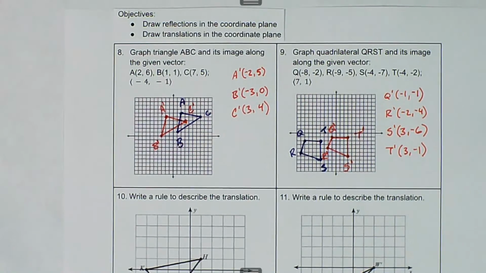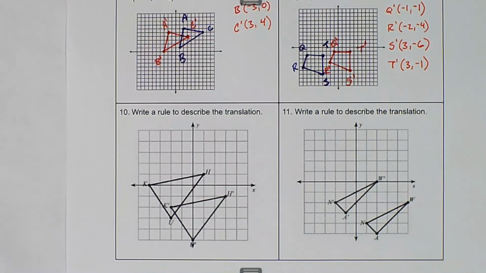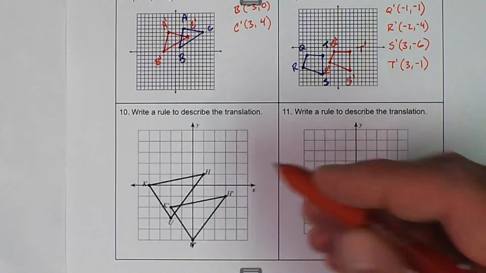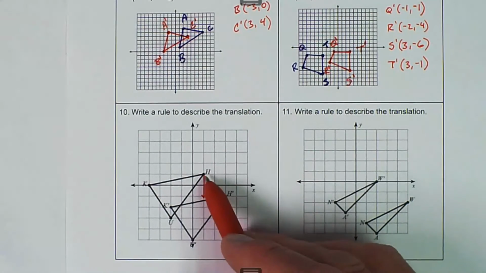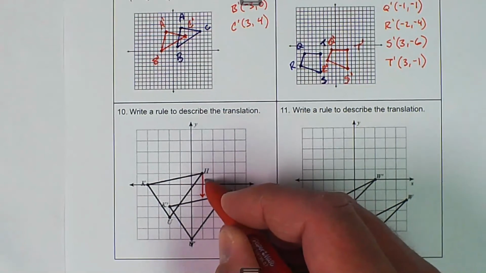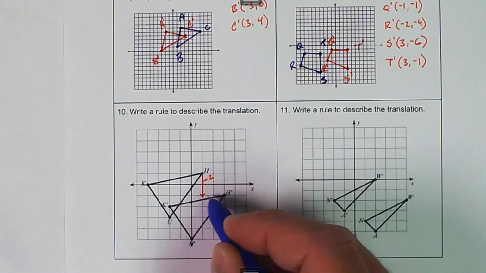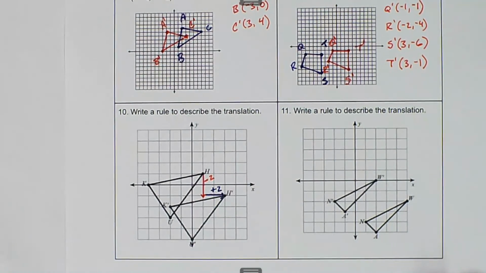Then for number 10 and 11, it's asking us to write the rule of the transformation. And all we really need is one of the shifts. So we could go from K to K prime, from U to U prime, or from H to H prime. In this case, to get from here to here, we have to subtract 2 in the Y direction and add 2 in the X direction.